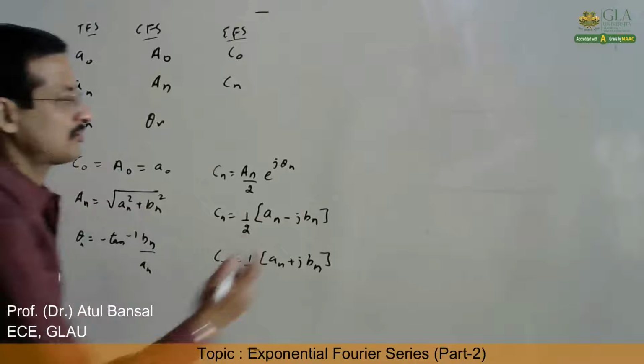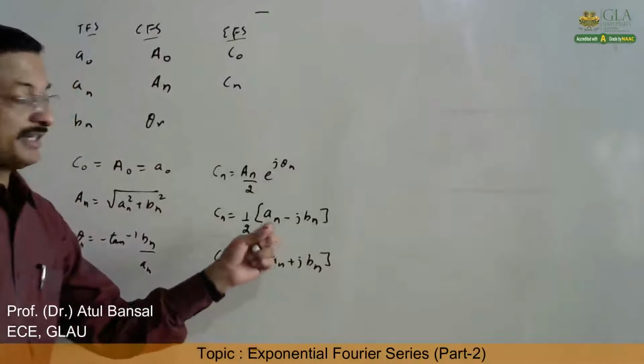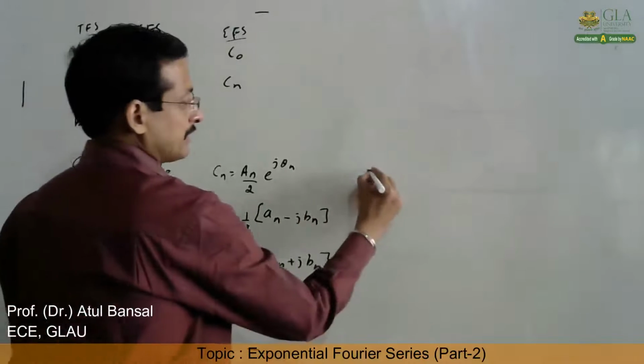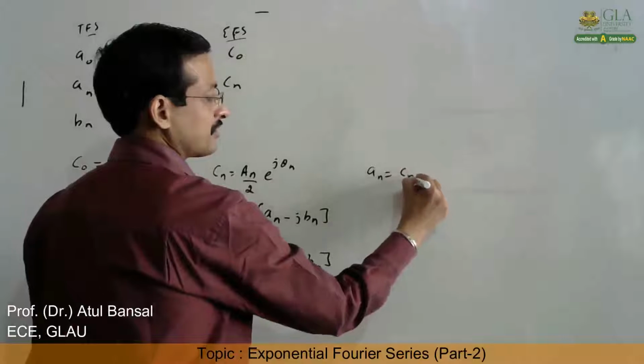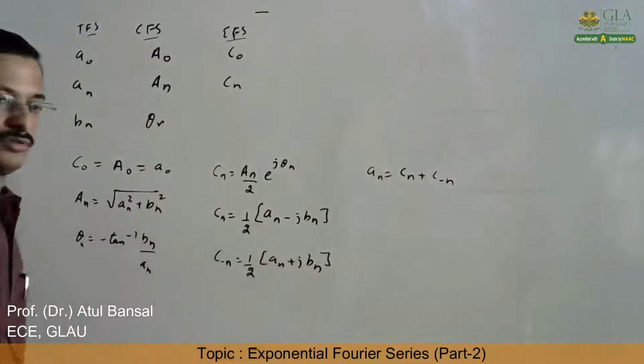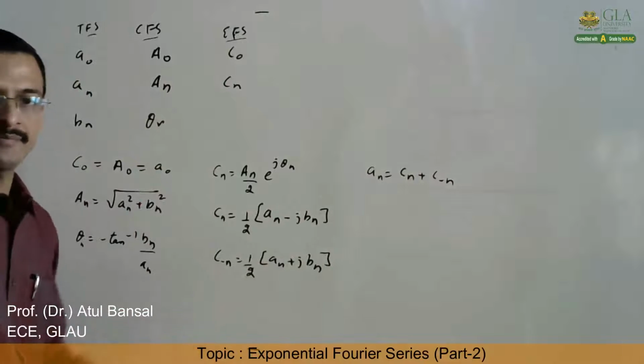Right? You can also write An in terms of Cn. That is, An is Cn plus C of minus n. If you just add these two, you can get An.